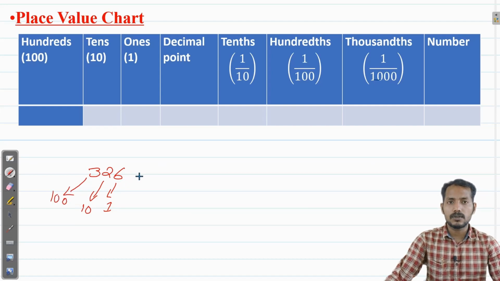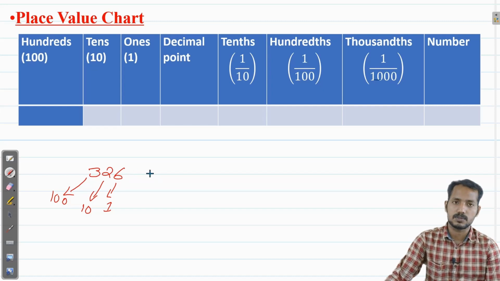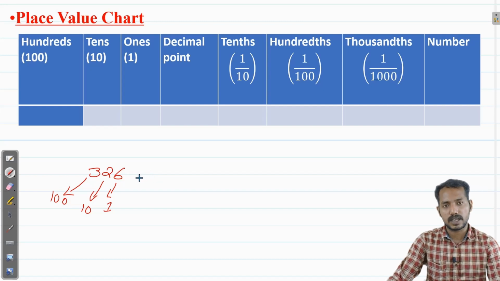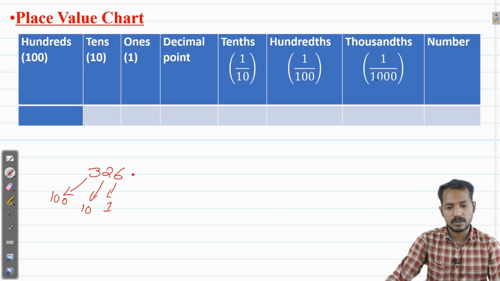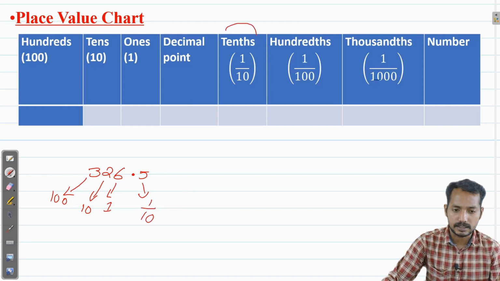What will the place value be if we write a digit beyond the ones place? We have to keep a decimal point, and if we write another digit, this place value will be 1 by 10. That is, we will call it tenths.